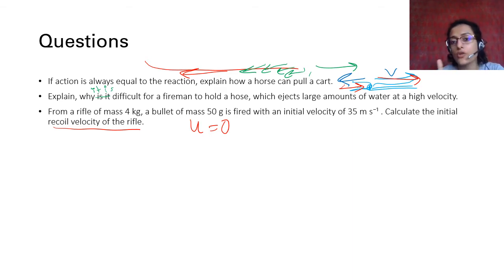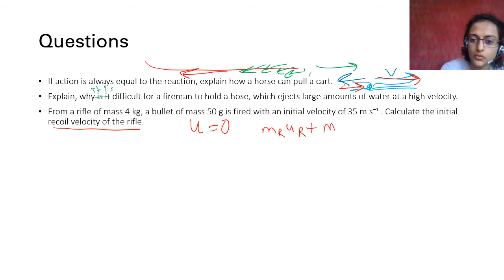This is the law of conservation of momentum, right? So mass of rifle times initial velocity of rifle plus mass of bullet times initial velocity of bullet, this is the initial momentum of the system. Both of these are 0, right?